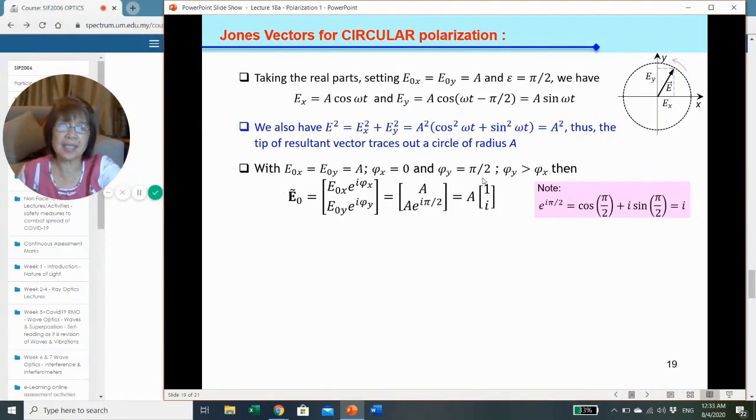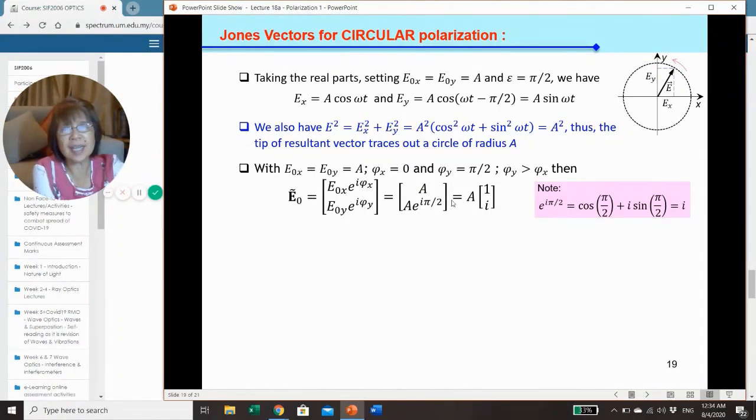Now with this condition, this tells us that phi y is larger than phi x. So we can write the amplitude for the x component as just A, and for the y component, phi x is 0, so phi y is pi over 2, so we have A exponential i pi over 2.